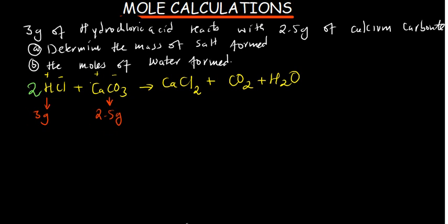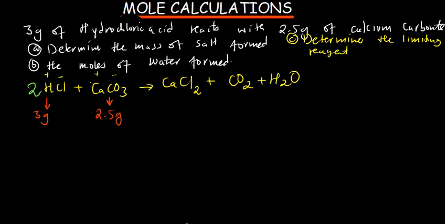Now, that should have been my first question here. So, determine the limiting reagent. And these questions carry a lot of marks, like 7 marks, so you need to show steps. So the question is, what is a limiting reagent?